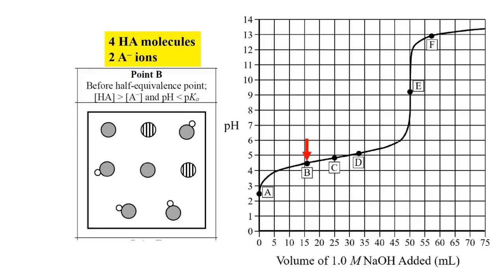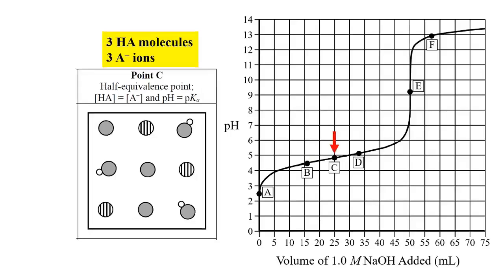Have we reached the half equivalence point? No, not yet. So there are more molecules of HA, there are fewer particles of A-. At the half equivalence point, I have 3 particles of HA and 3 particles of A-, so there's an equal amount.